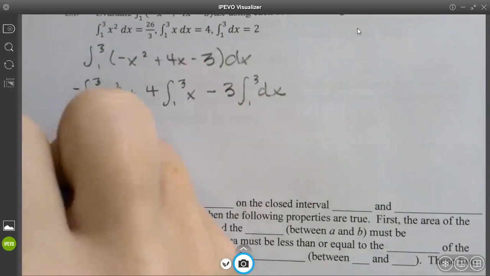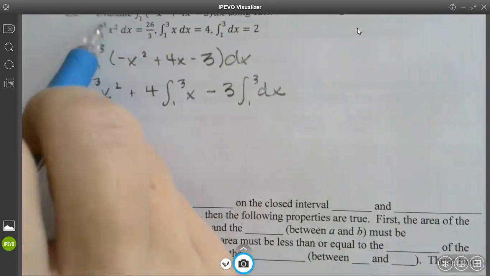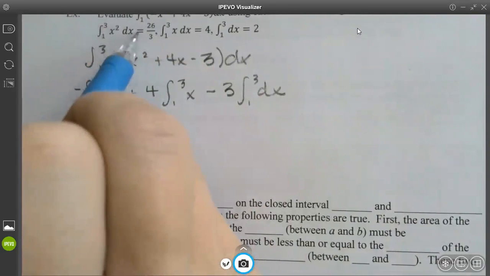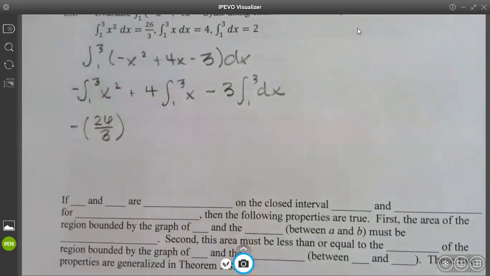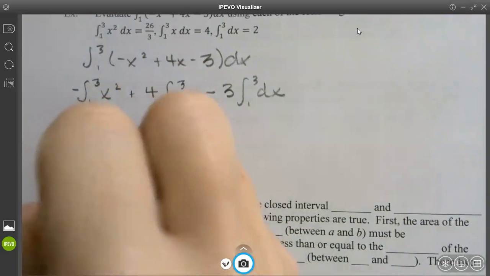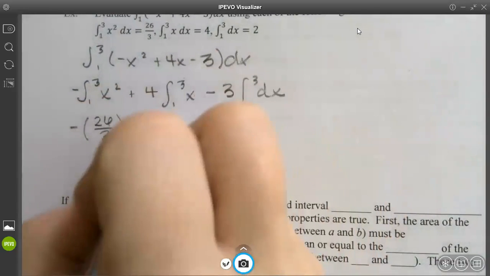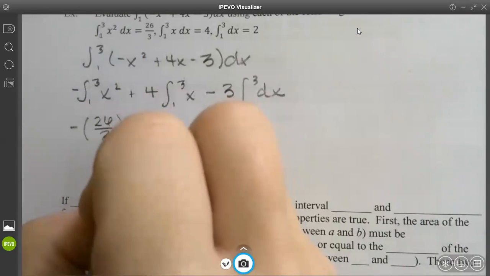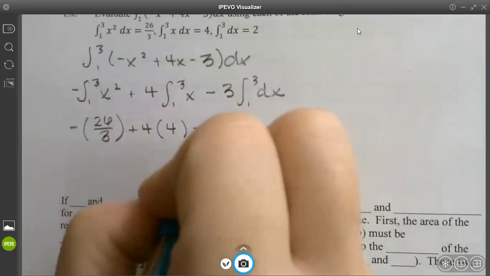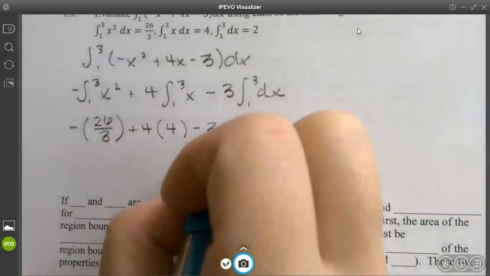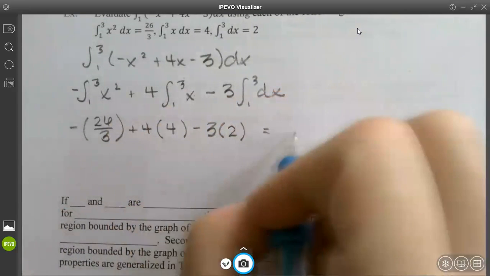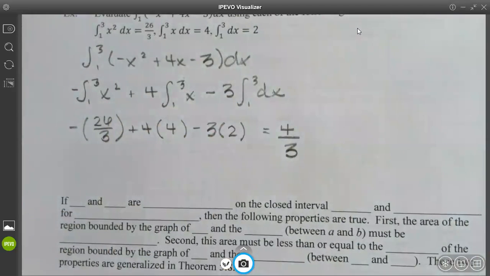They gave it to you. The integration from 1 to 3 of x squared dx is 26 over 3. So we pulled out a negative, so we're going to put that in front. We pulled out a 4. What's the integration from 1 to 3 of the x that they gave you? 4. Then we pulled out a -3. What was the integration from 1 to 3 of dx? 2. Then you just put it in your calculator. Don't overthink it.